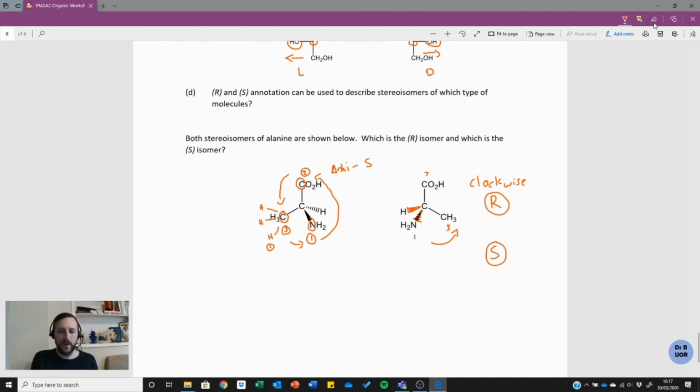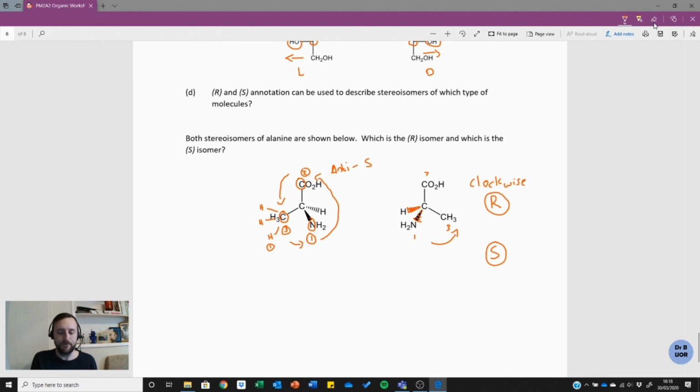So that's only when the proton, the lowest priority group, is not at the back, away from the page pointing towards you. That's the only time when you need to do that switch. You can also rotate the molecule around in real space or in your brains to work out and put the hydrogen at the back, but normally it's much easier to just do this swap to work out which isomer it is.